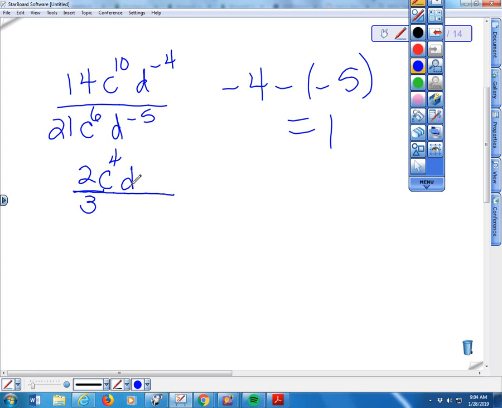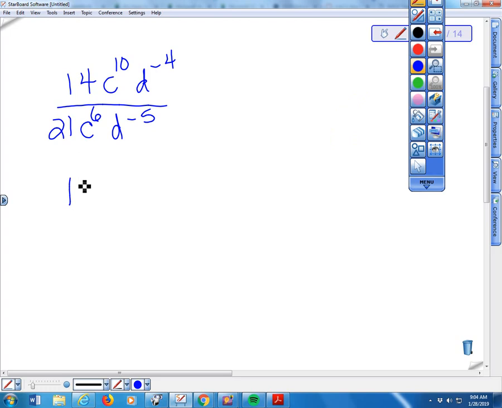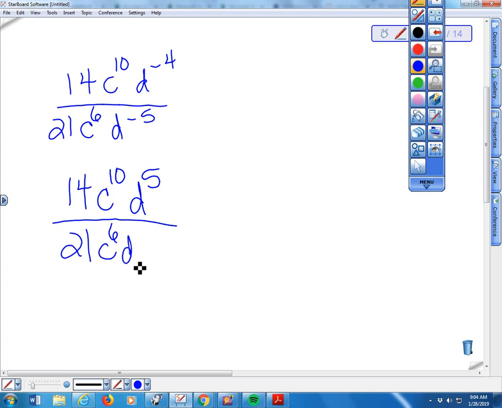Okay? If I ended up at the end with any negative exponents, then I could flip, because most of the time you'll find that they want you to report your answers with positive integer exponents. Okay? So let's do this one where we flip first. So I can rewrite this and just flip the 5th power to the bottom, then the 4th power to the top, and then make them both positive.